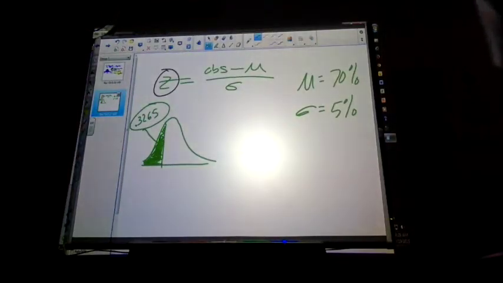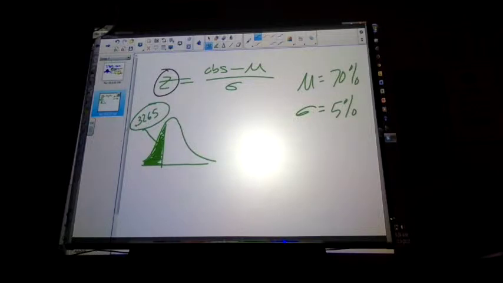So I'm going to go to the back of the book again. I'm going to look at the table, and I'll be like, okay, table, what do we got here? So I'm going to look at all my scores, and Jordan said that she thinks it's going to be negative. So I'm going to look at the negative scores on table A. I'm going to find as close as I can to 0.3265.